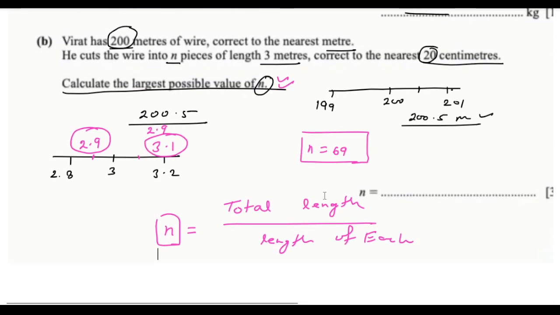So when I say that it is correct up to 20 centimeter, it is 2.8 and 3.2, like the scale which I can see, half of that. Lower bound, yes. And lower bound I'm choosing because if I keep the denominator smaller I will get the greater value.